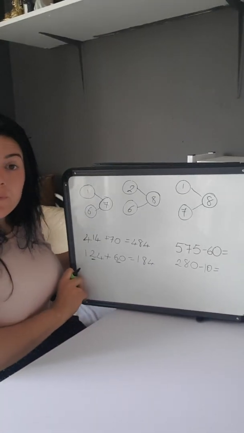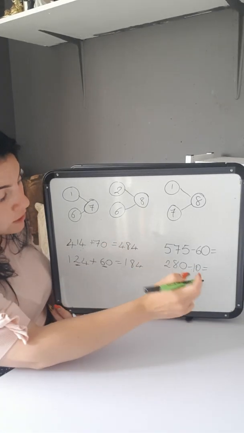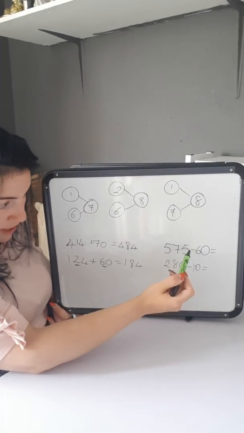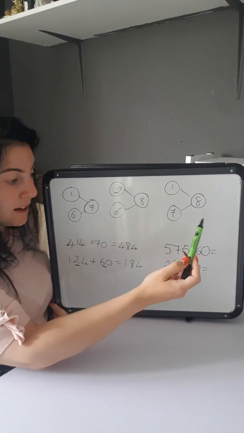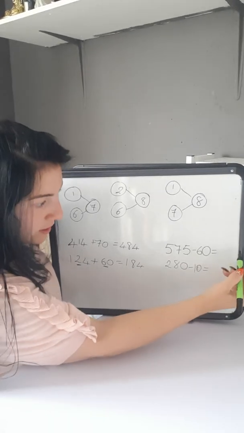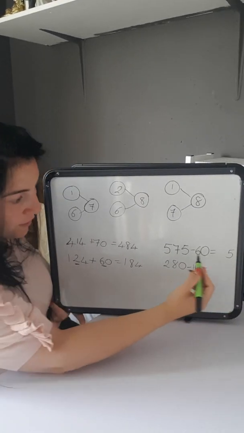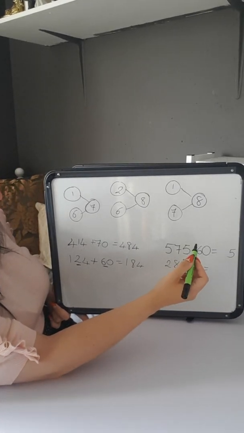Now, this part whole model can also be used to work out subtraction, but you can't obviously work out 1 plus 7 to make an amount. You take away. So the way it works, 5 take away 0, you take away nothing, so it's still 5. 7 take away 6. Where is my 7 take away 6?